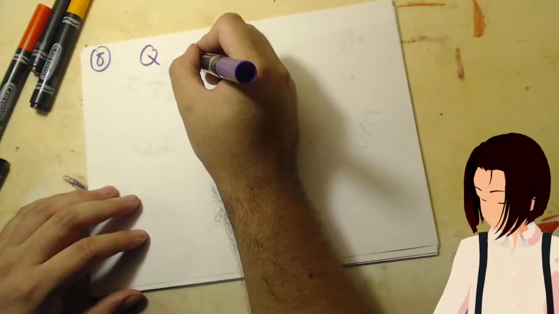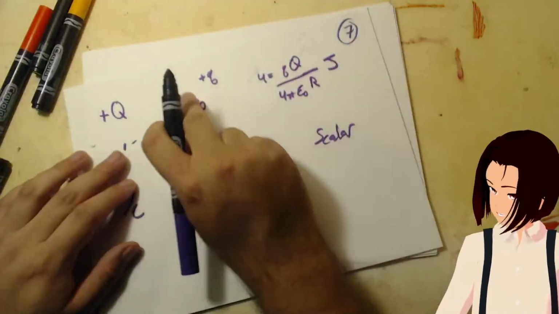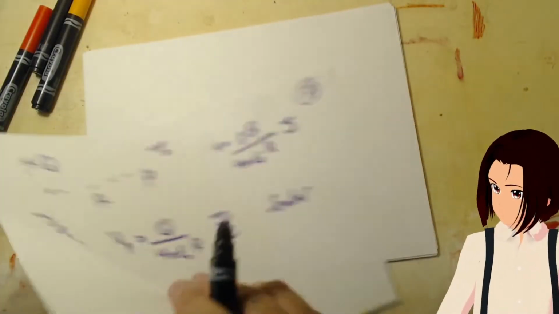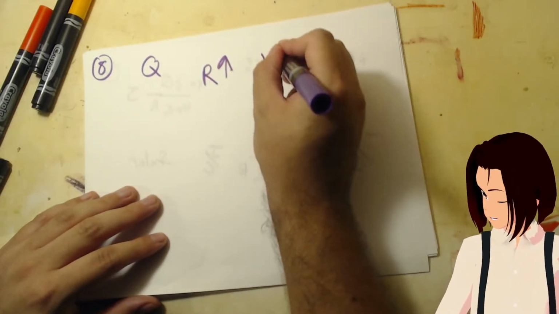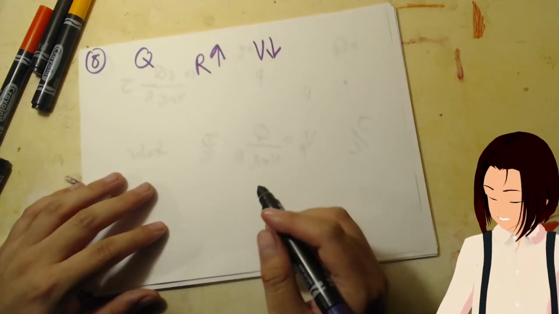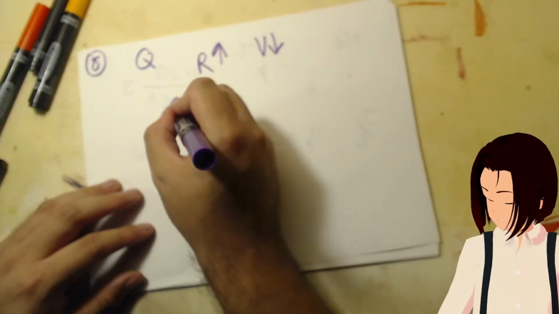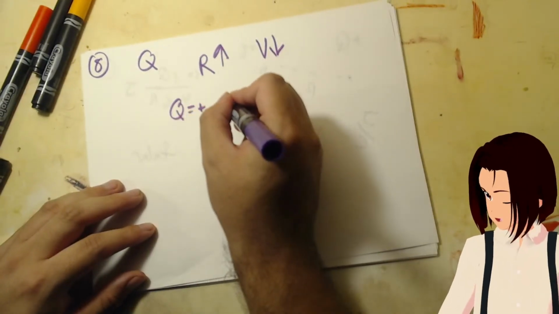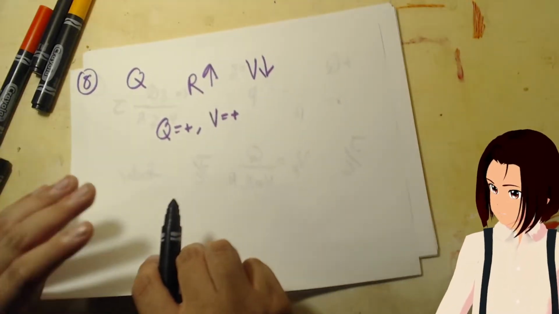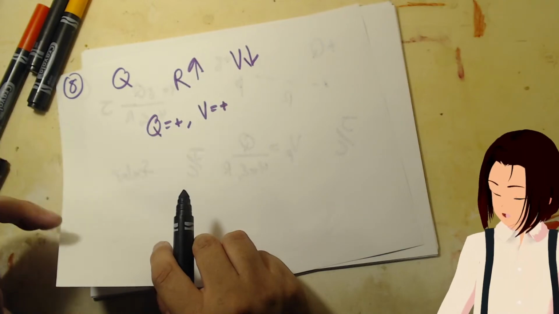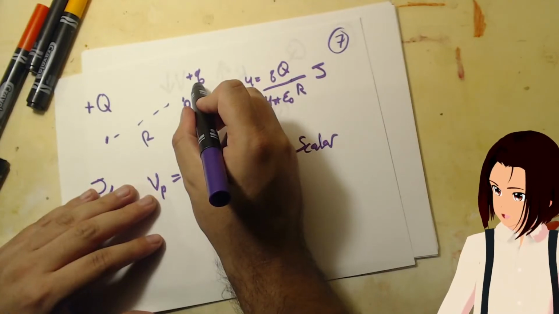If we increase R, like this distance, if they're further away, we understand that the electric potential goes down. We also know that if Q is positive, then the electric potential is also positive, because it's pushing away.